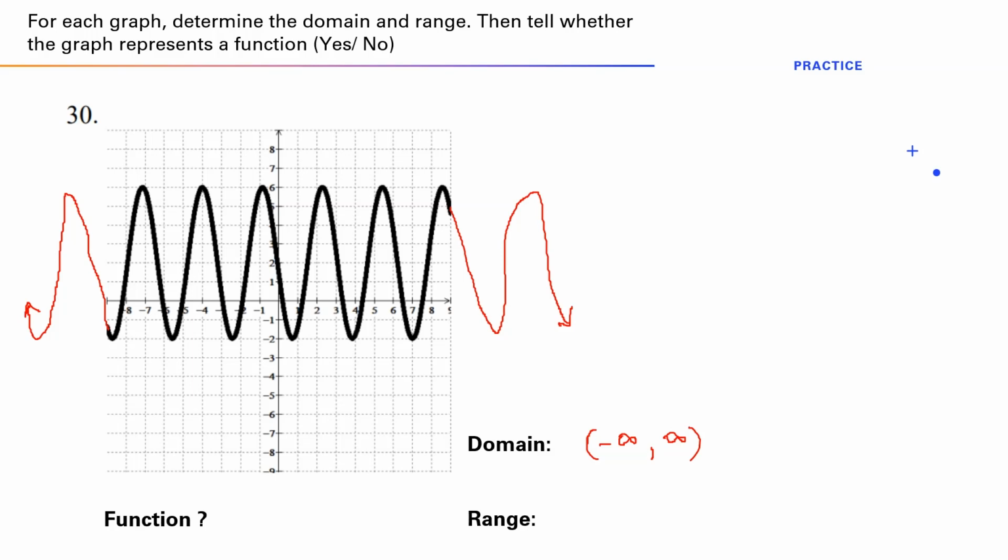Now up and down, so down, the most value they touch down here is -2. That includes the value -2, so it will be bracket -2, comma, and then the maximum will be 6, included. Now we draw the vertical line test. It only crosses once everywhere, right? So that's yes.